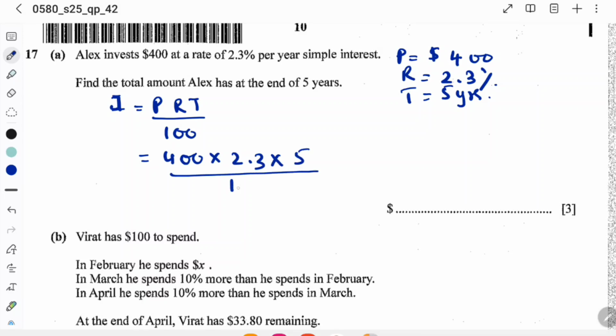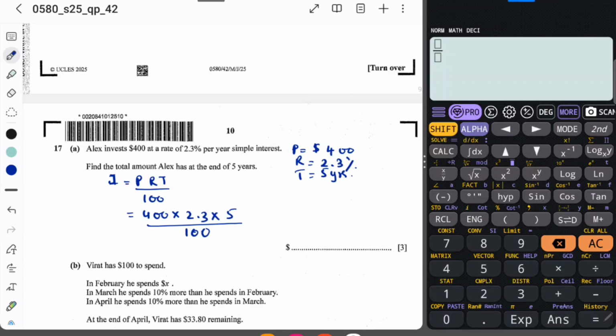Let's calculate. That is 400 into 2.3, you can cancel zeros also if you want, into 5 and then 100. That is equal to only 46. But they're asking you to find the total amount at the end of 5 years.